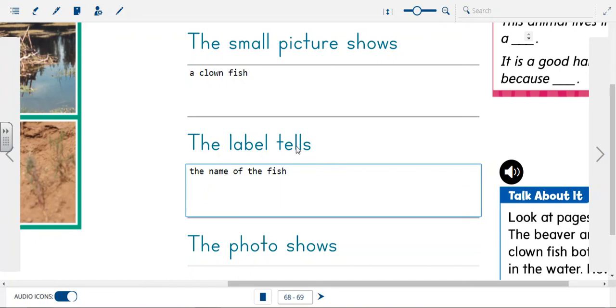So the label is telling the name of that fish, which is a clownfish. So fill that in, take a few seconds. You only have one left to do.